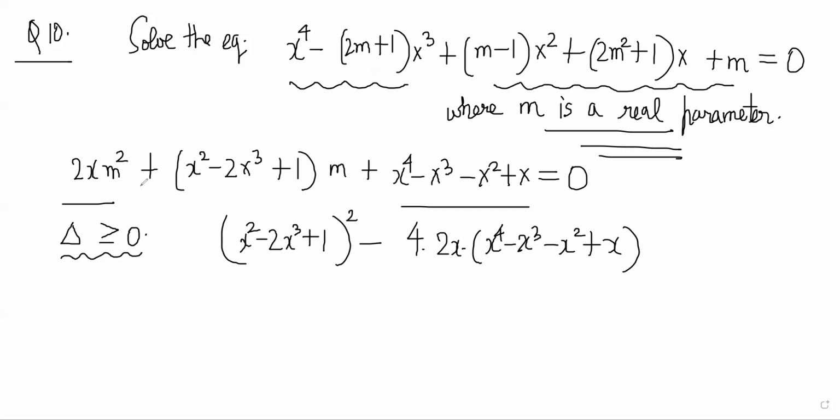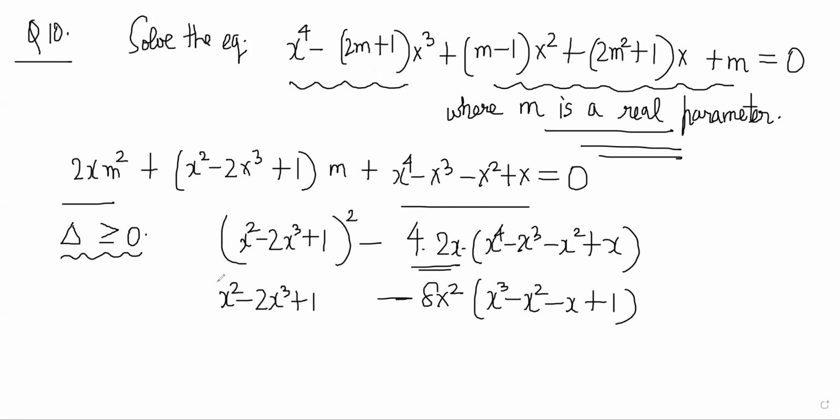So this is what we are getting. Right, 8x here, and we can take x outside. So this becomes 8x squared, x cubed minus x squared minus x plus 1. And this is x squared minus 2x cubed plus 1 whole square. Right. This is the discriminant of the equation. And you will have to simplify this discriminant a little bit.